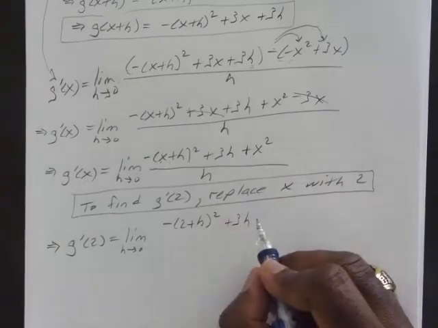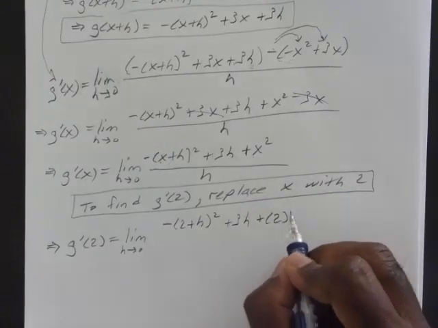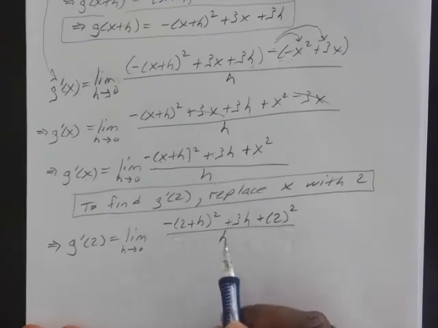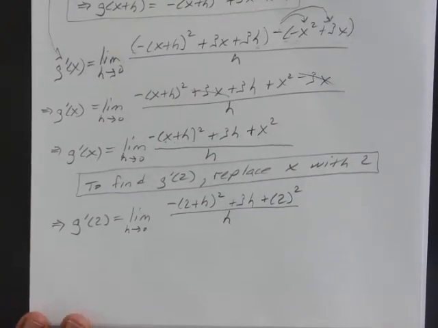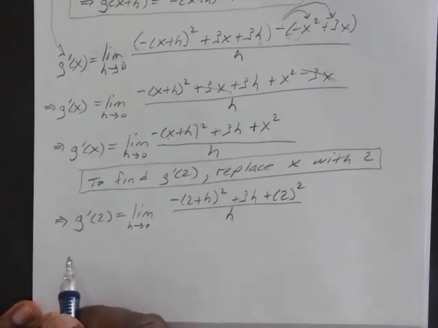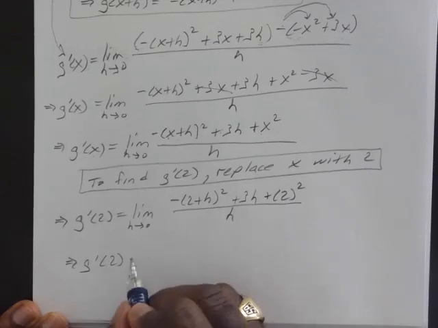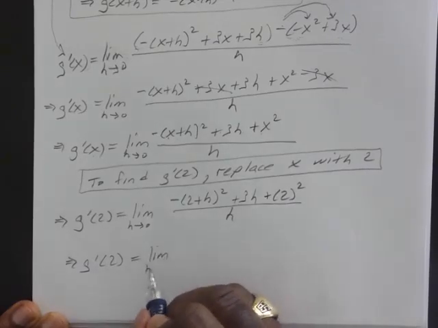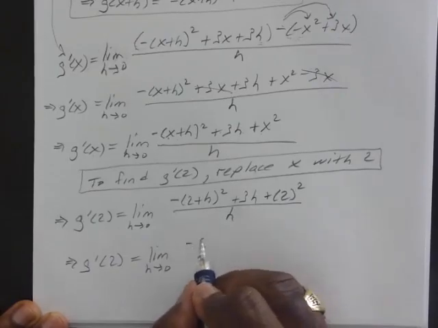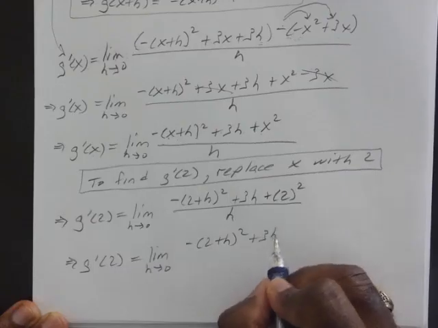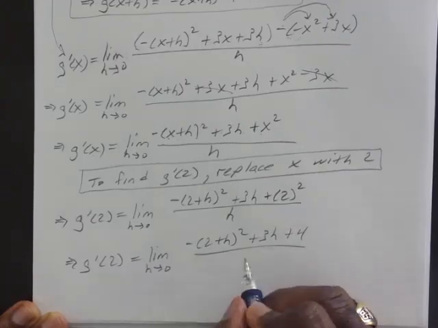So we replace that and it becomes plus 2 squared, all divided by h. So just simplifying that 2 squared, our g prime of 2 is equal to the limit as h approaches 0 of negative 2 plus h squared plus 3h plus 4 divided by h.